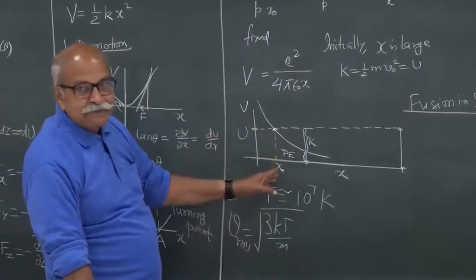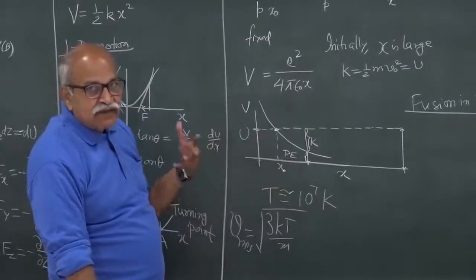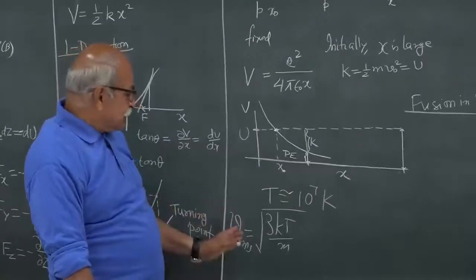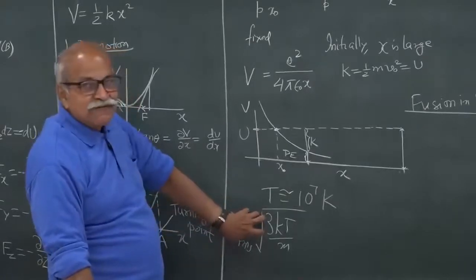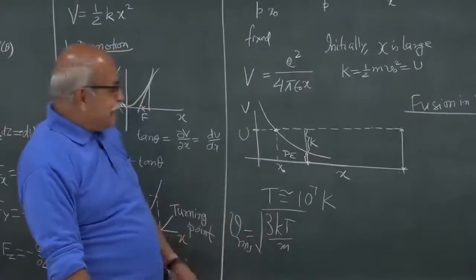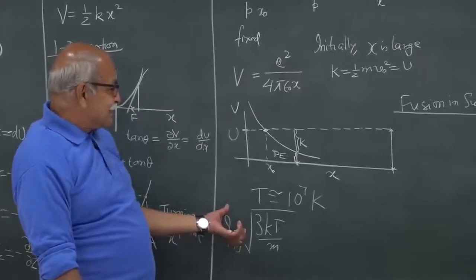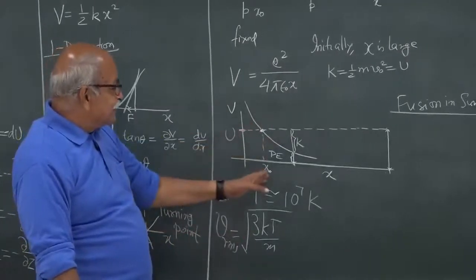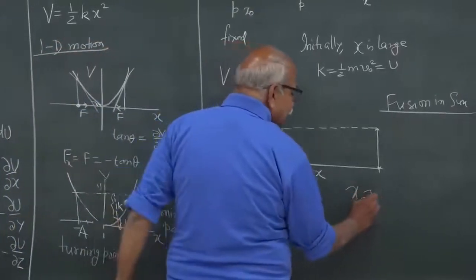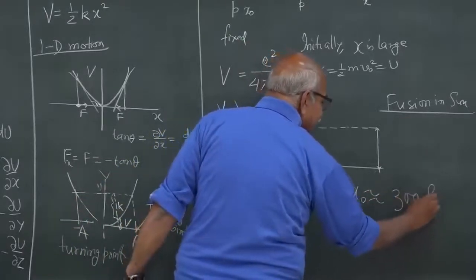Different protons are of course moving with different velocities, but this is the average kind of thing, some kind of root mean square. If you take this as the velocity, calculate the kinetic energy and find x naught, that x naught turns out to be some few hundred femtometers, say 300 femtometers.